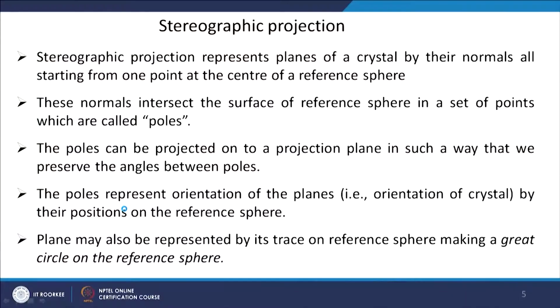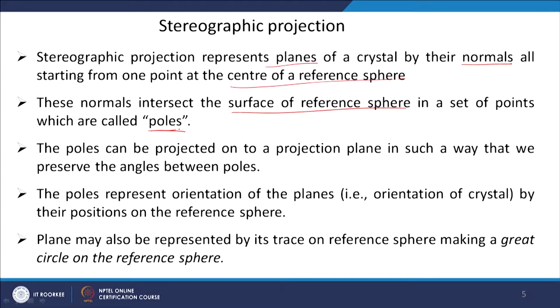Actually, we are saying that all the normals to the planes are starting from the center of a reference sphere. Okay. And what these normals are doing, they are intersecting the surface of the reference sphere in a set of points which are called poles. Okay. Just bear with me, I will explain all these things to you in an animation right now.